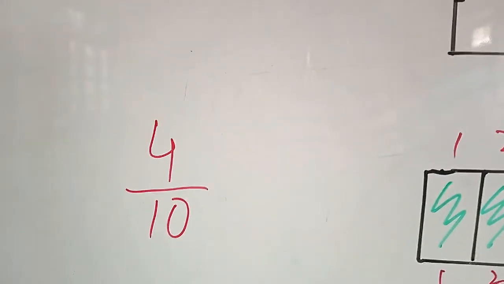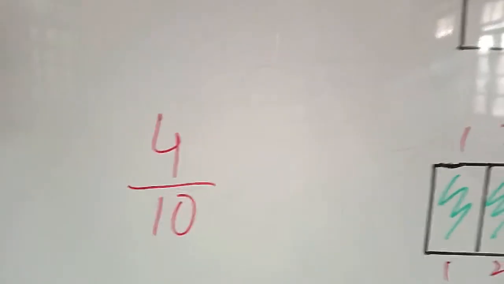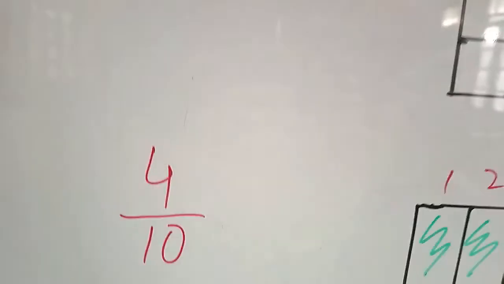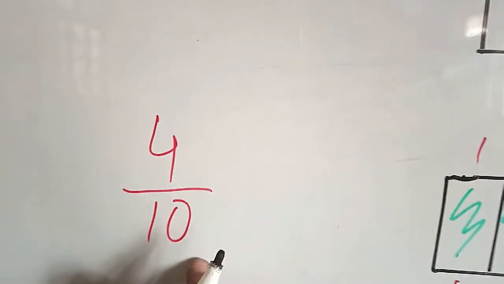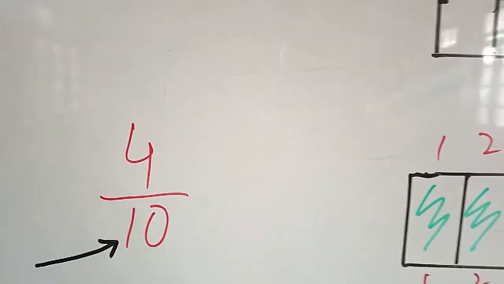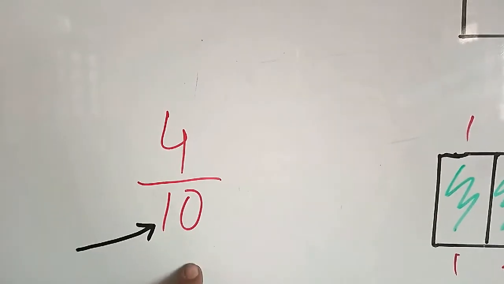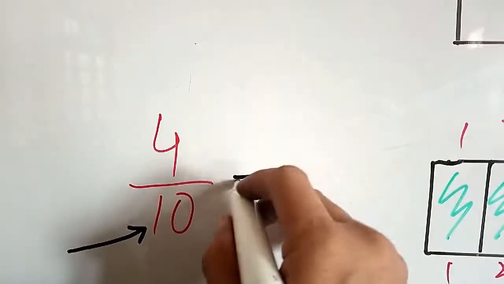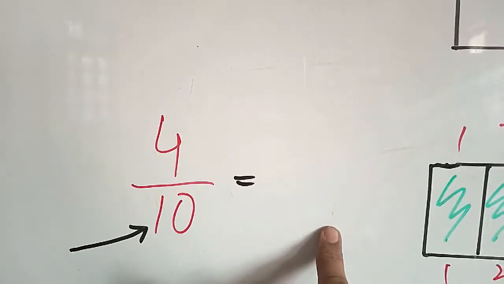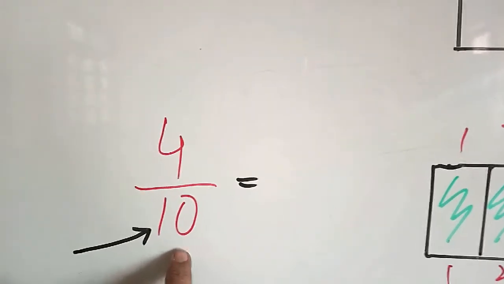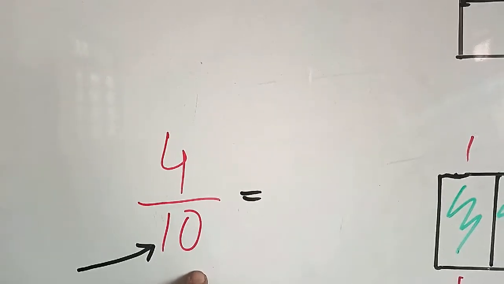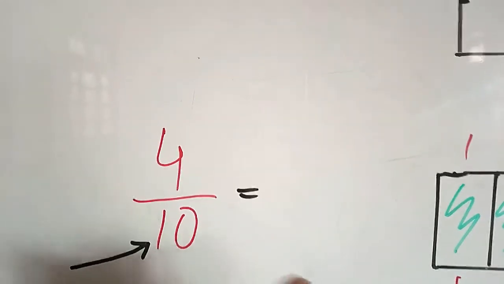Okay, and if you are told to find the percentage of these, then just keep in your mind, we should have 100 in the denominator, but here it is 10. It means we have to make this 10 as 100. Now see, to make this 10 as 100, we have to multiply by a number. Which number should it be?